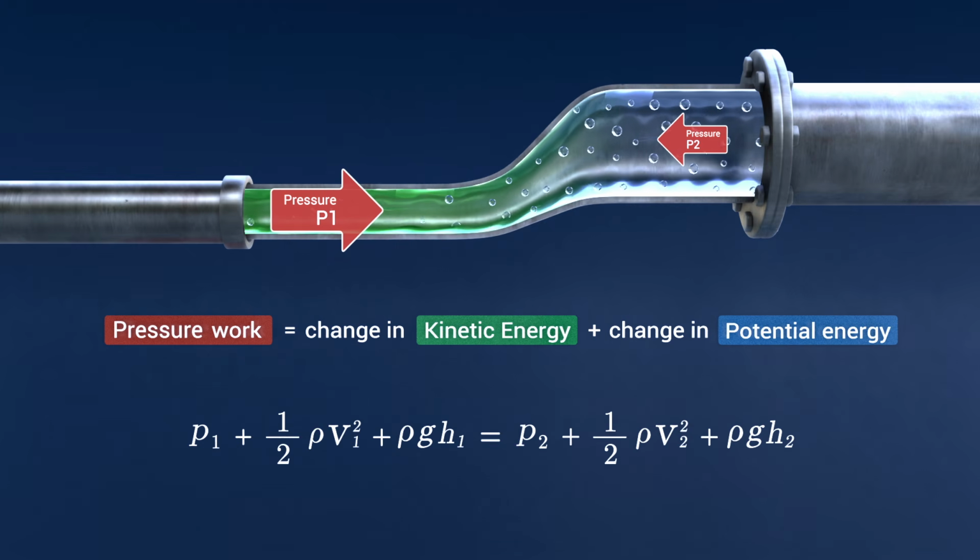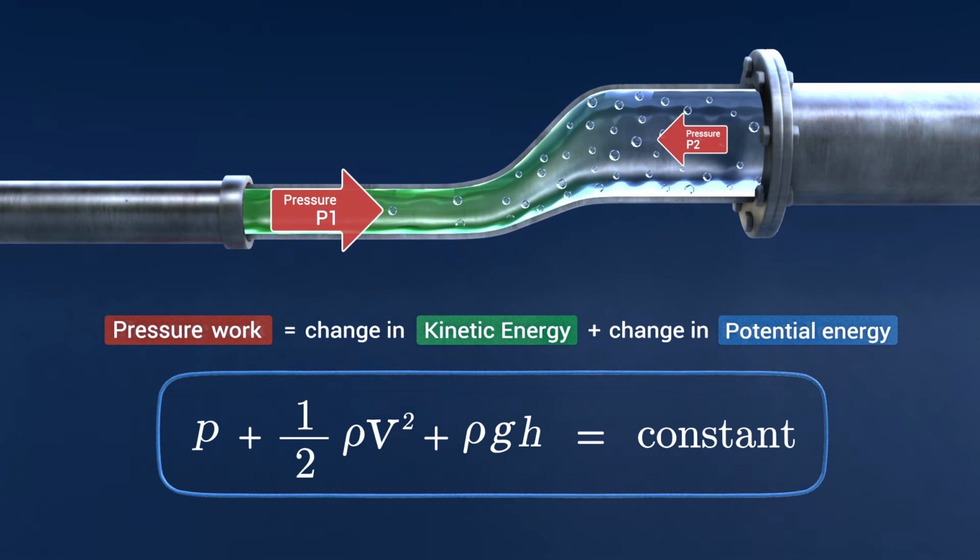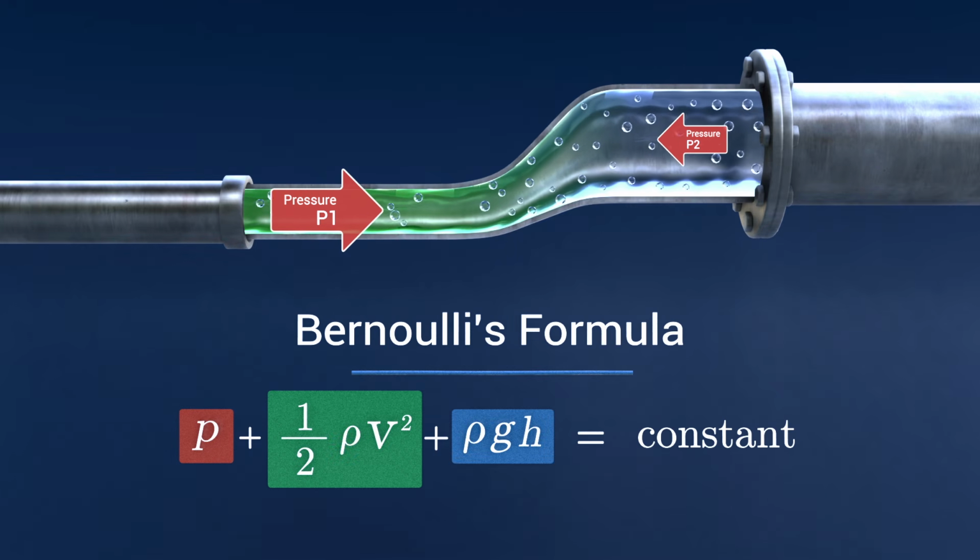Rearranging to collect terms at each point, P1 plus half ρ v1 squared plus ρg h1 equals P2 plus half ρ v2 squared plus ρg h2. And since this applies between any 2 points along a streamline, we write the general form: P plus a half ρ v squared plus ρgh equals constant, which is Bernoulli's formula.